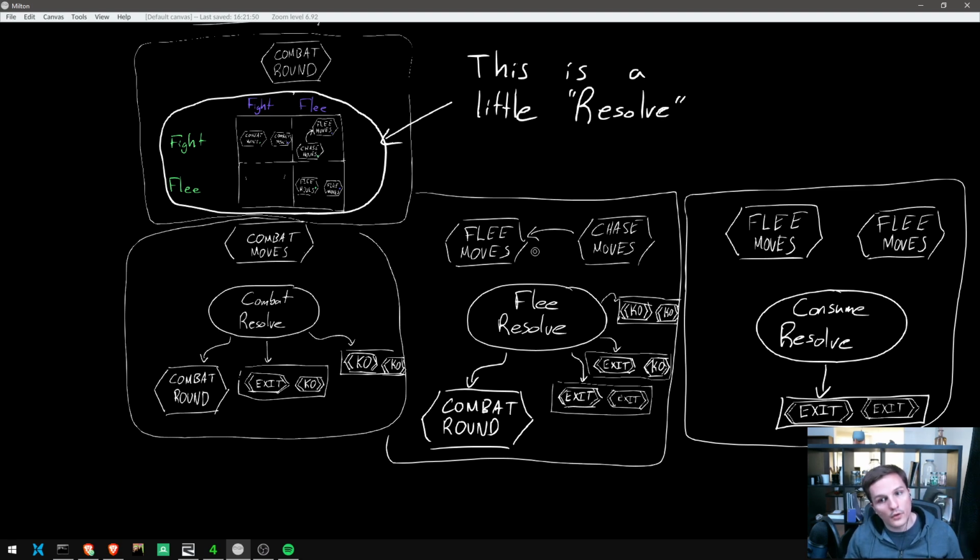I don't think I would ever want, maybe I do just want the set, the count of each one. So 2 combat rounds, 2 combat moves, 2 flee moves, 1 flee move, 1 chase move. For like indexing, for keying the resolve functions.